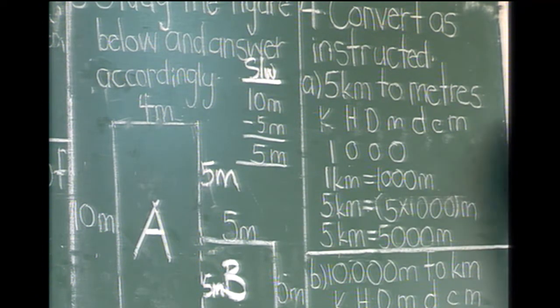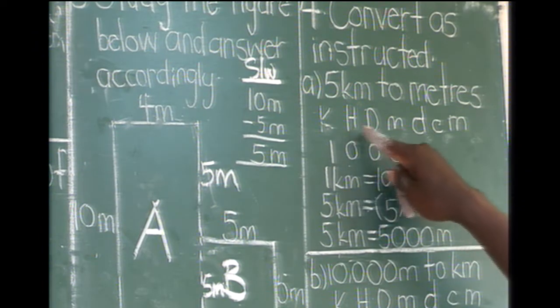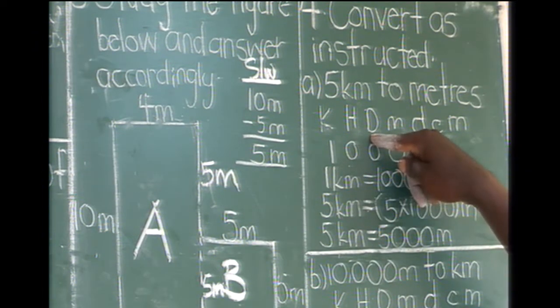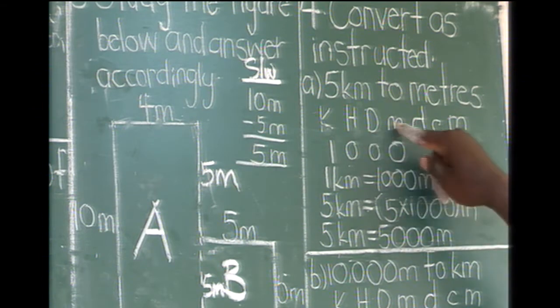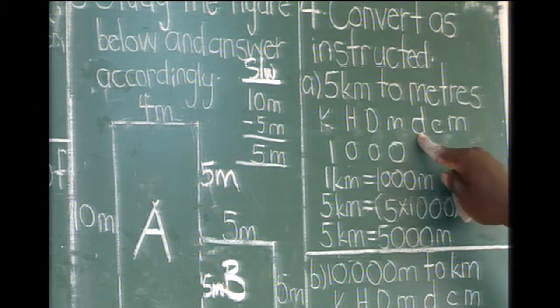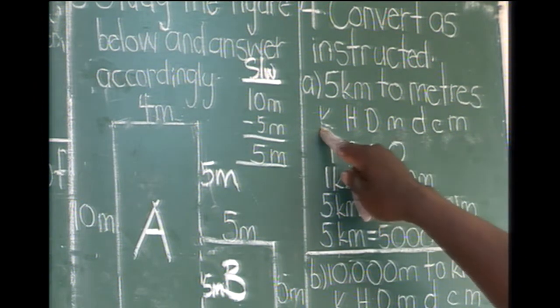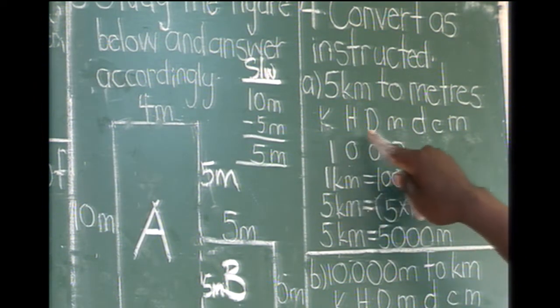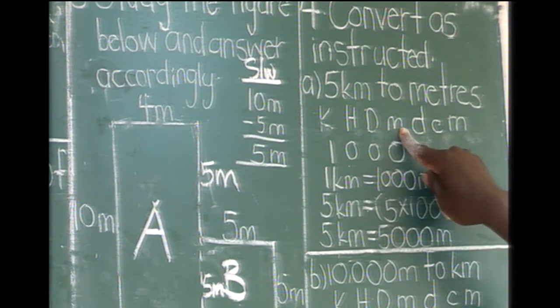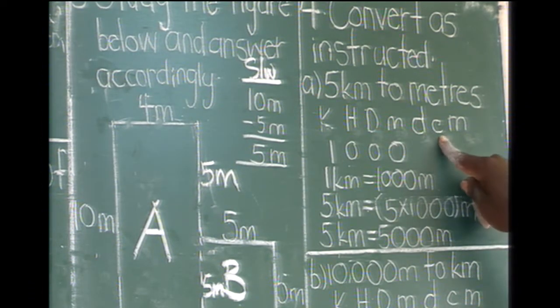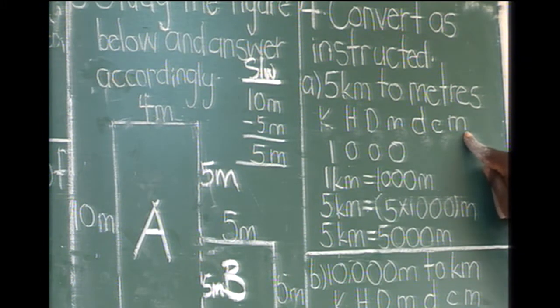When you know King Henry's daughter Mary drank cold milk, you never feel anything to do with converting one unit to another in length. But they actually mean kilometers, hectometers, decameters. Note that this capital D is decameters, this is meters, this is decimeters, centimeters, millimeters. We go together: kilometers, hectometers, decameters, meters, decimeters, centimeters, and millimeters.